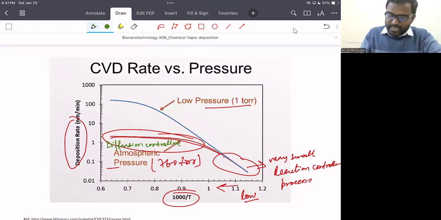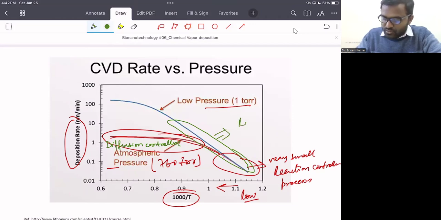But we have some kind of advantage here. If we decrease pressure, the overall linearity range is increased, and that is an increase of the reaction control process, right?